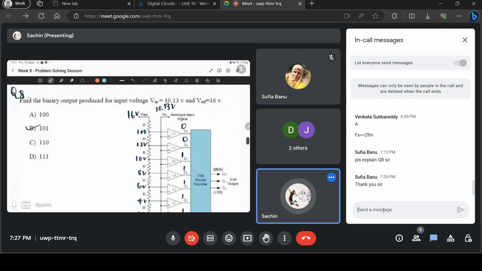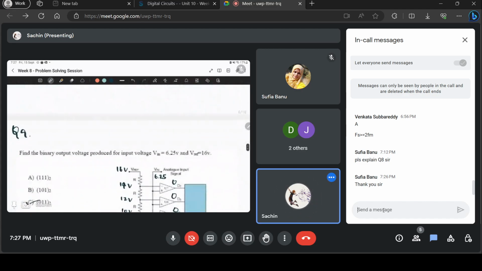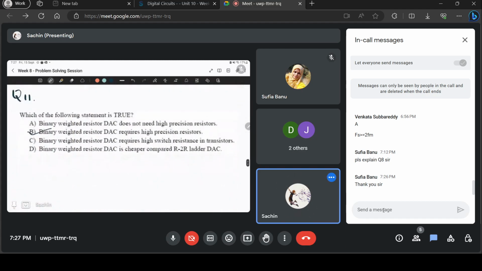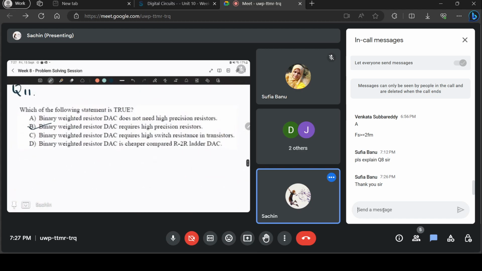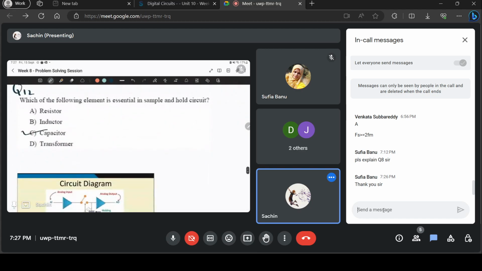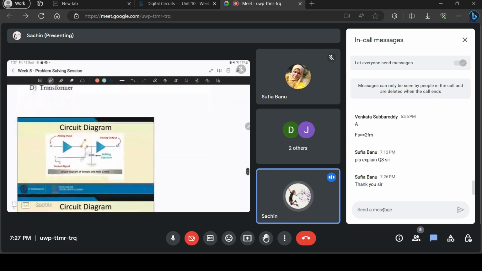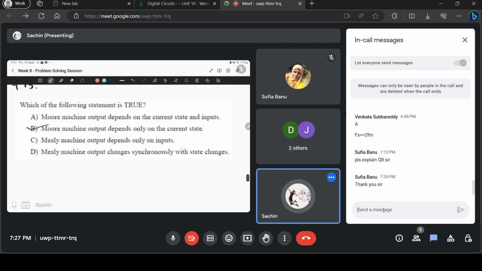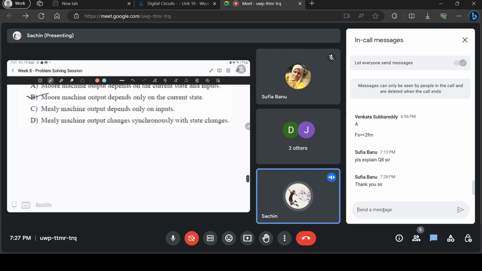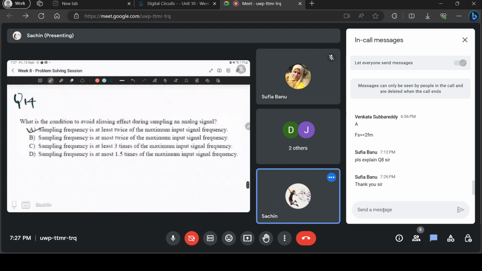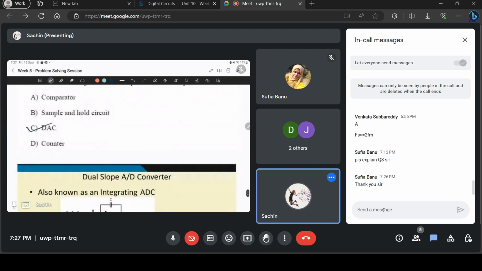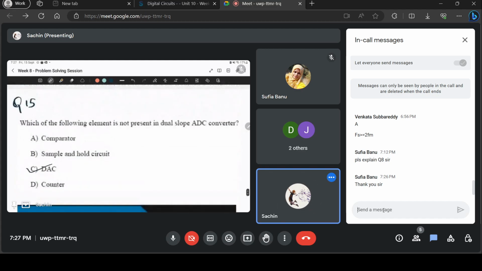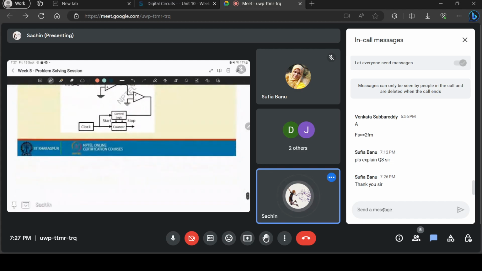And then this is a flash type ADC. 2 questions on that. 3 questions. Sample and hold circuit. Question about Moore and Mealy machine. What's the difference? Sampling frequency and circuit of the dual slope ADC.